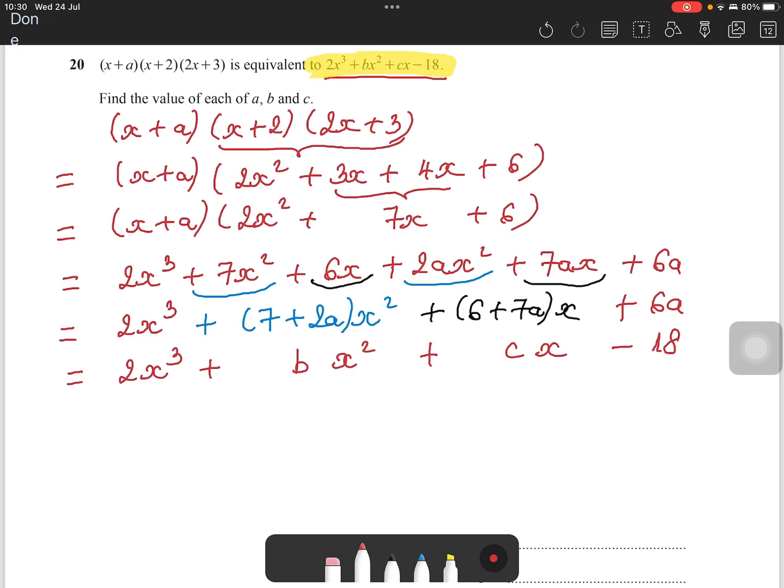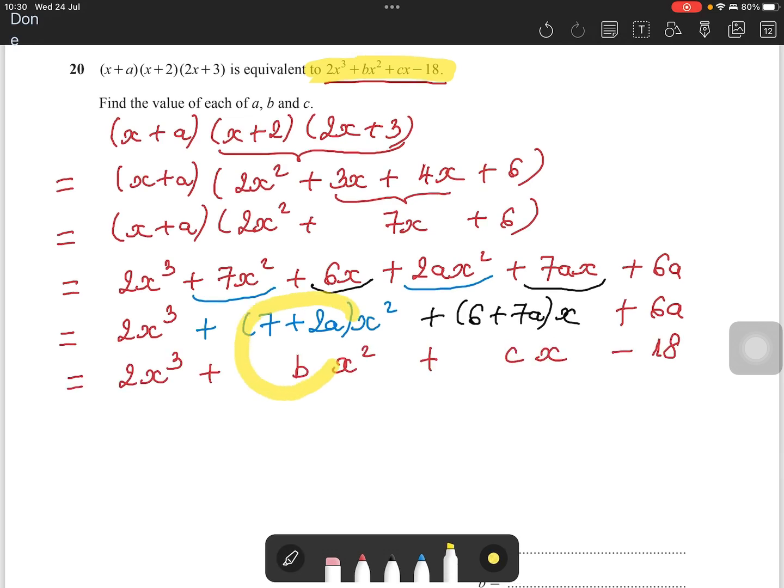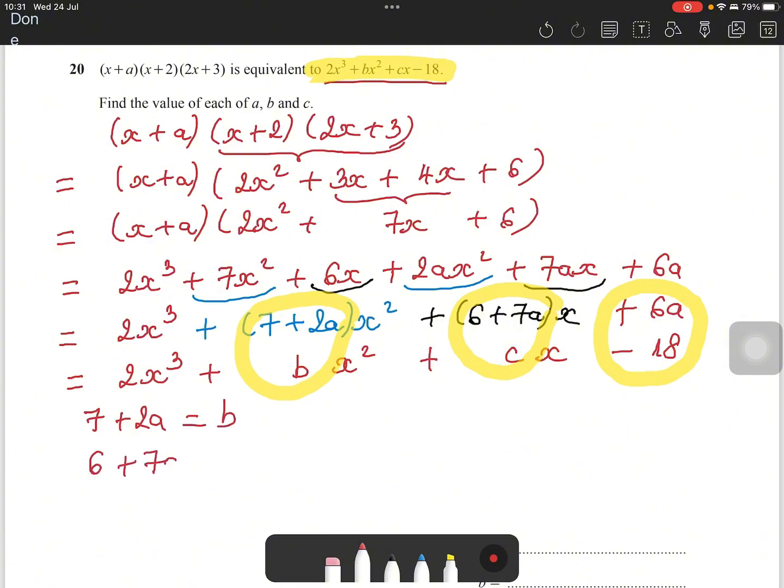This means that we have some groups here. b is equal to this, c is equal to 6 plus 7a, and negative 18 is equal to 6a. So I'll write 7 plus 2a equals b, 6 plus 7a equals c, and 6a is equal to negative 18.